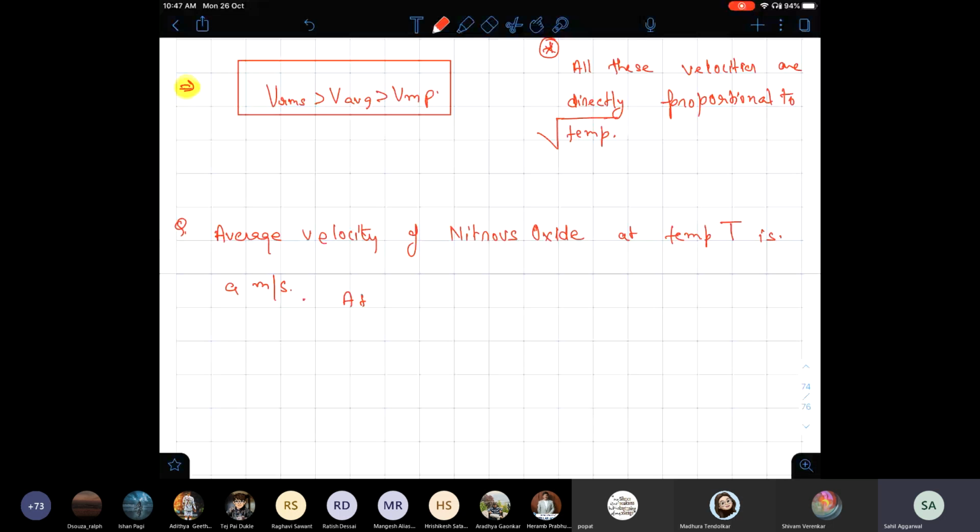At what temperature average velocity of carbon dioxide becomes 4a meter per second.